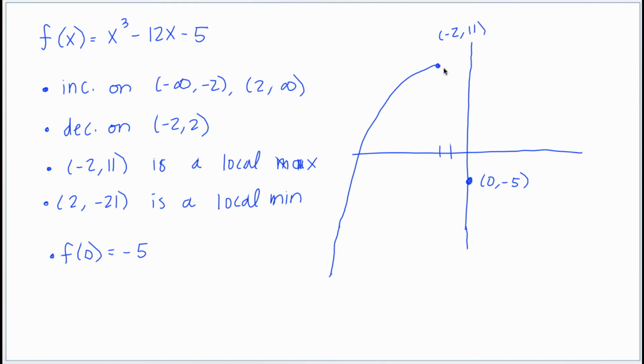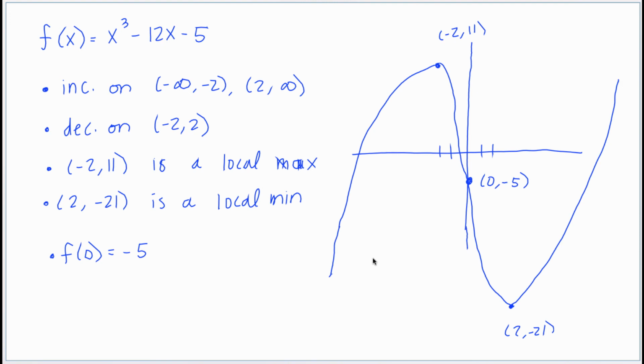And then our function starts heading back down all the way until it gets to (2, -21). And at (2, -21), we have a local min. And we said we know we go through (0, -5), so we come down to (2, -21), and then we turn around again and we start increasing, so we just go back up.